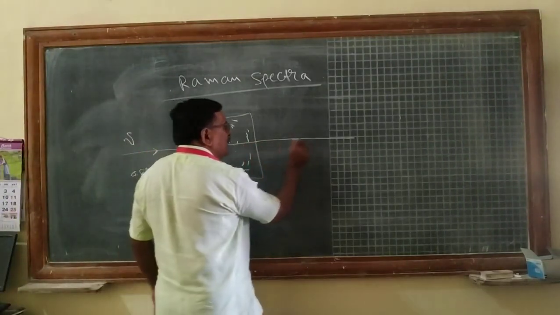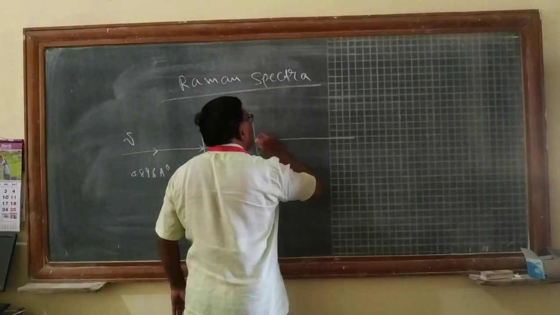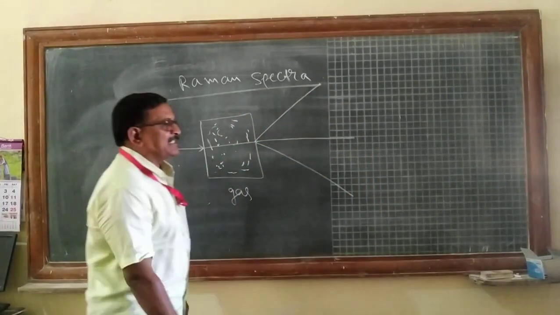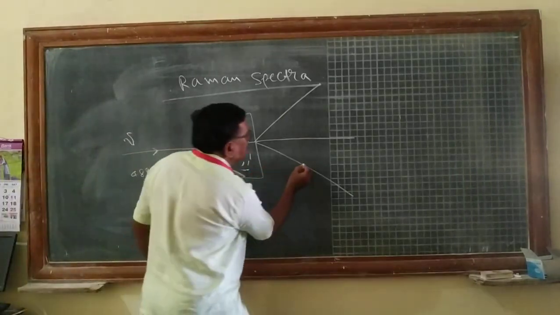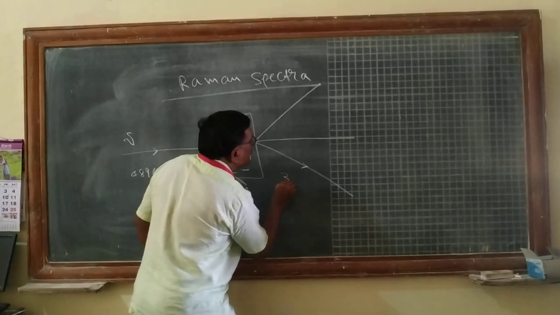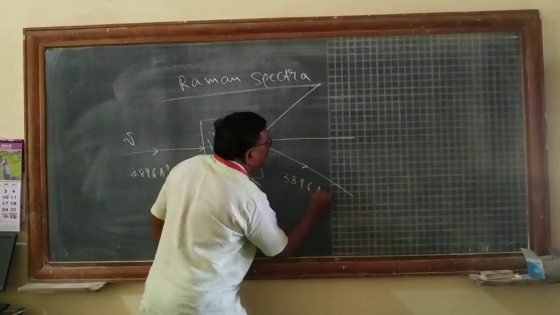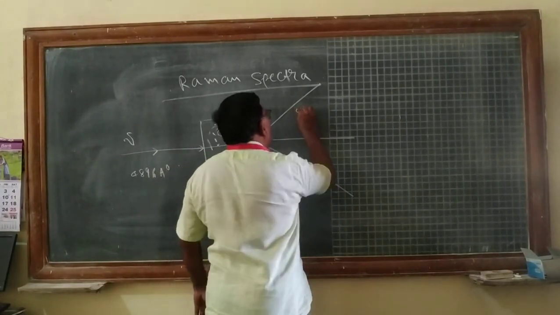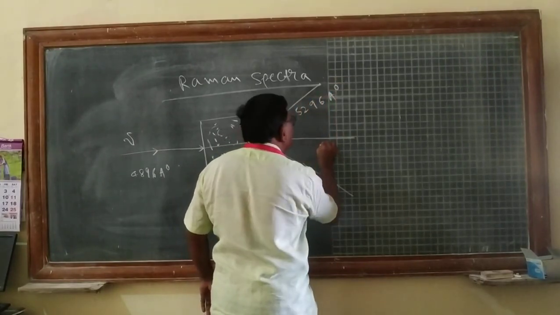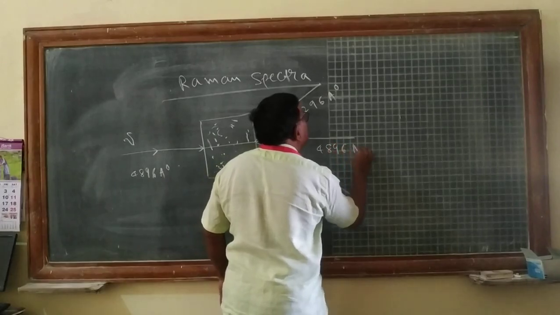It forms one spectral line, then another spectral line, and another. The lines are at 3896 angstrom, 5296 angstrom, and 4896 angstrom.